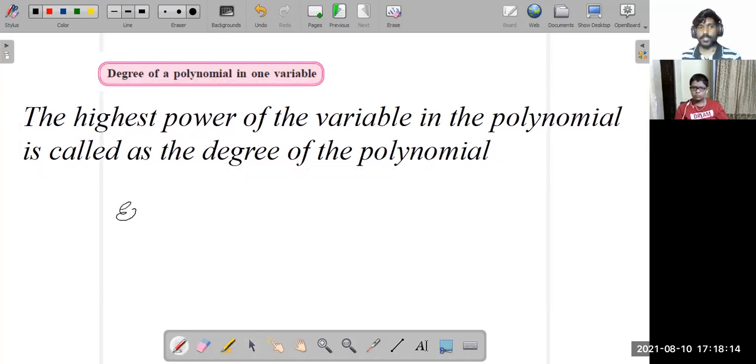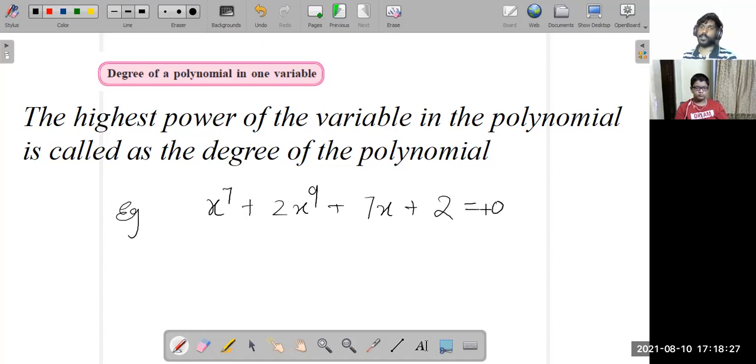So for example, let's see. Firstly, is this a polynomial? Yes, sir. Yes, it is. Which is the highest power of the variable? X^9, sir. 9 is the highest power of the variable. So this polynomial has degree 9.